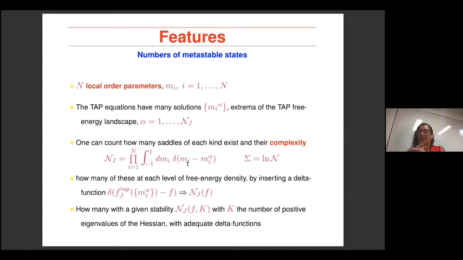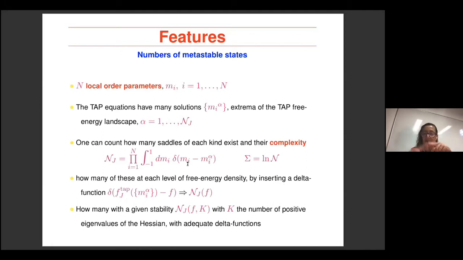The complexity is like an entropy. It's a logarithm of the number of solutions of the TAP equations constrained in the way that you like. So, for example, constrained to have a certain free energy density. Then it's like making a cut in this landscape and looking at how many extremes of the landscape belong to this cut with some little width around the level that you have chosen.